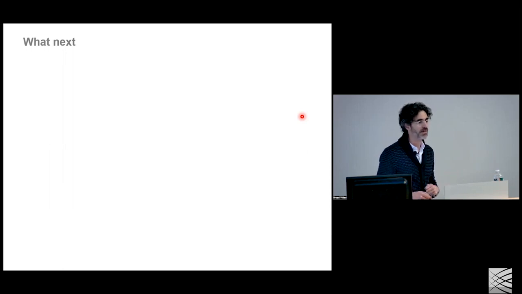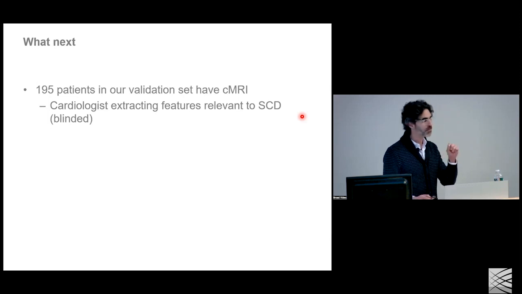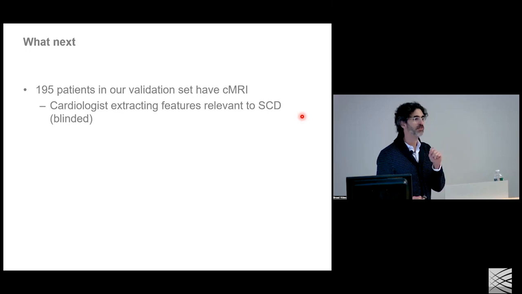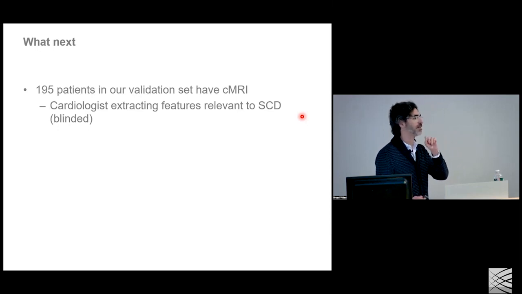Would love, either now or later, any thoughts about what to do next, but here's preliminarily what we're thinking on a practical level. So the first thing, which is the easiest thing to do, is that when we look in our validation set, about 200 patients have a cardiac MRI, just on the basis of their normal care in the electronic health record. And so we have a cardiologist who works in that region in Sweden, who's just going to go through and code features of that cardiac MRI that are relevant to sudden cardiac death, blinded to the algorithm's predicted risk.